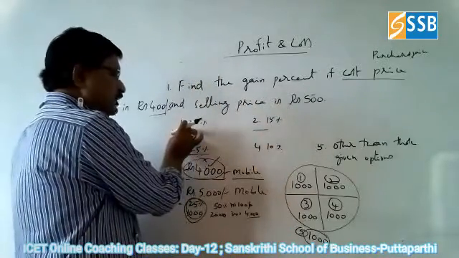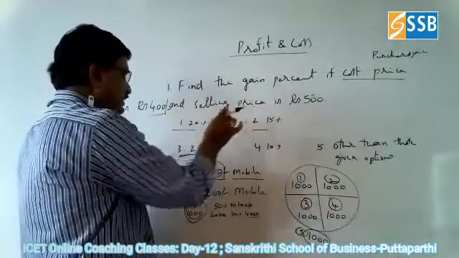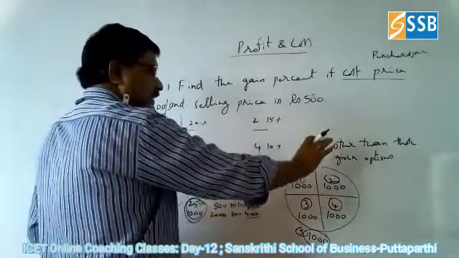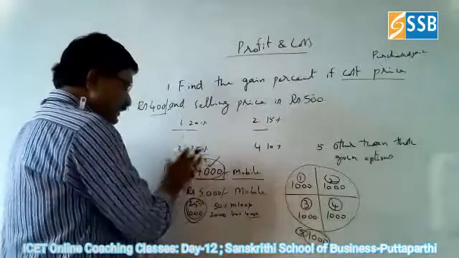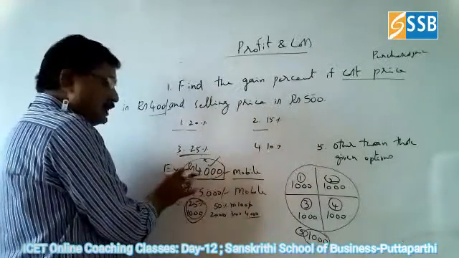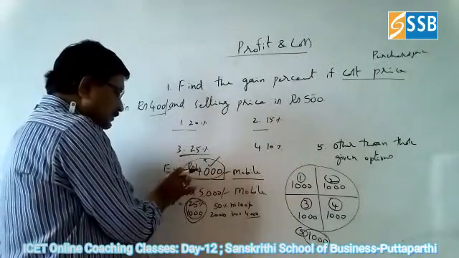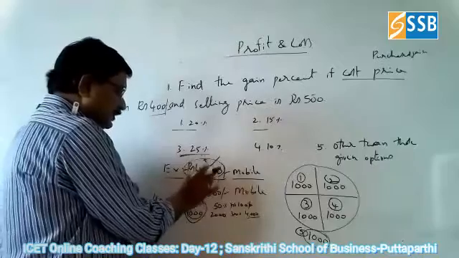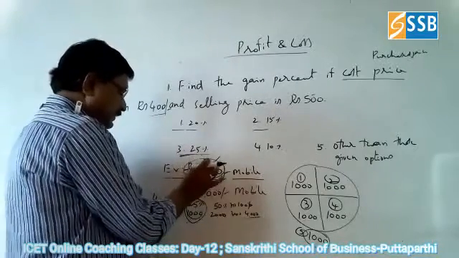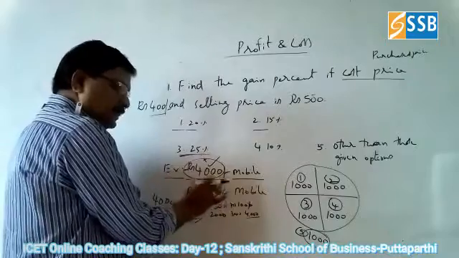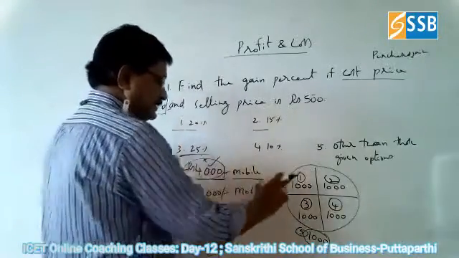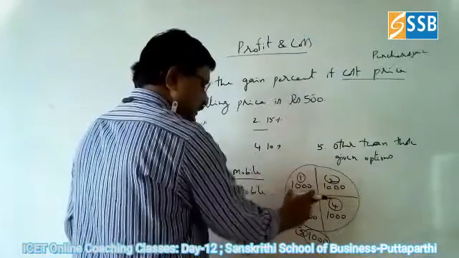So one is 20%, 15%, 25%, 10% or other than those given options. So to understand the problem, I quoted one example. My example is one fellow purchased a 4,000 mobile. This is the cost price, and sold it for 5,000 rupees. Simply divide this 4,000 into 4 parts: first part, second part, third part, fourth part.